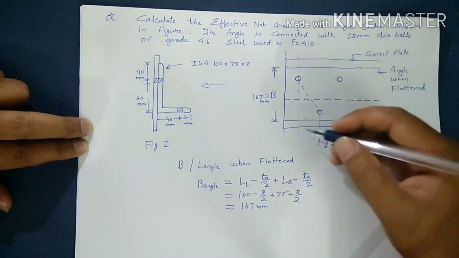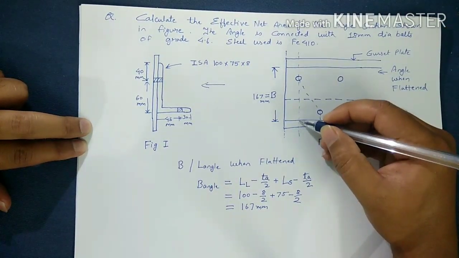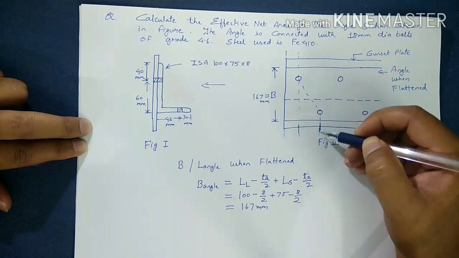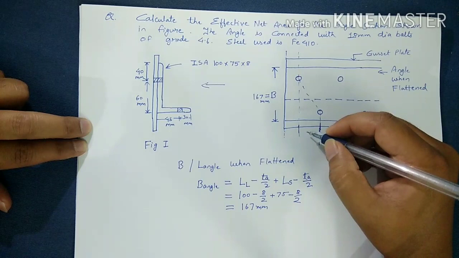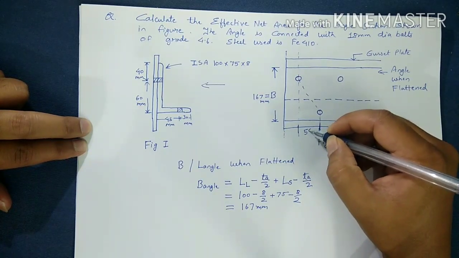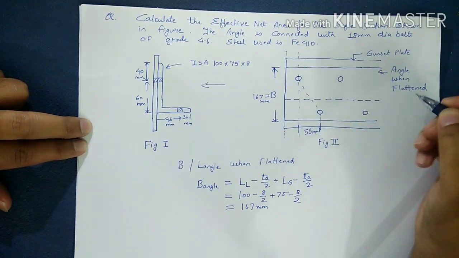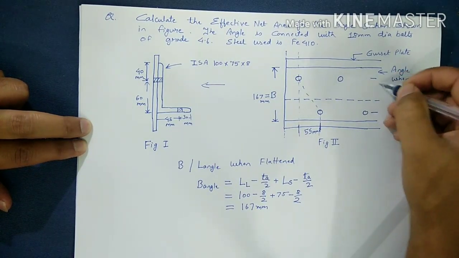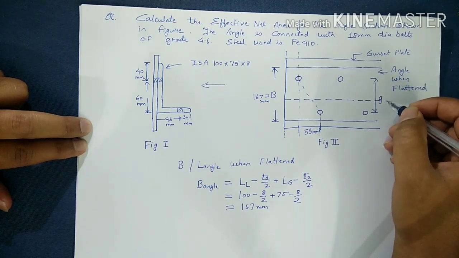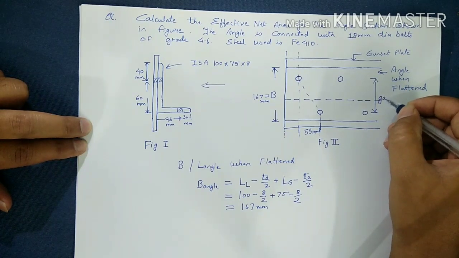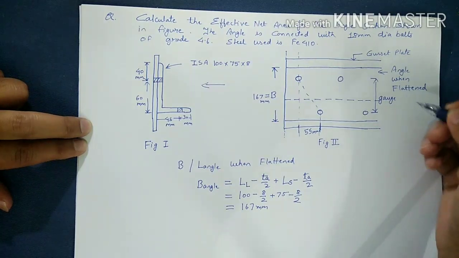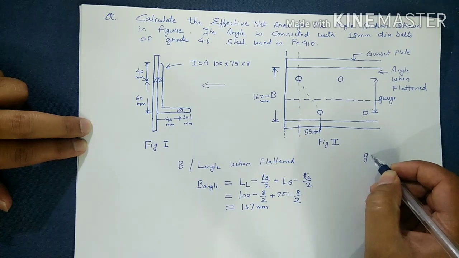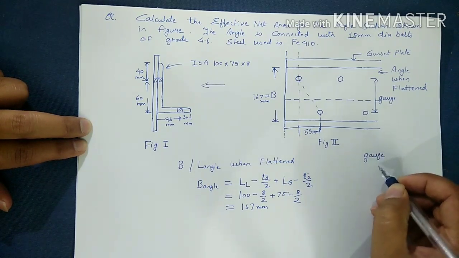Sorry, I have not mentioned the pitch. From this bolt to this bolt, the center to center distance is 55 mm. And we have to find out the gauge. I have told you about the gauge, what is gauge. So before proceeding, we should find the gauge. How can we find the gauge? It is so simple.